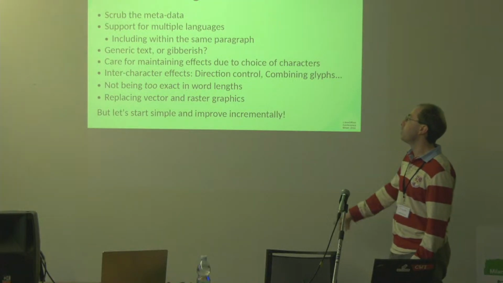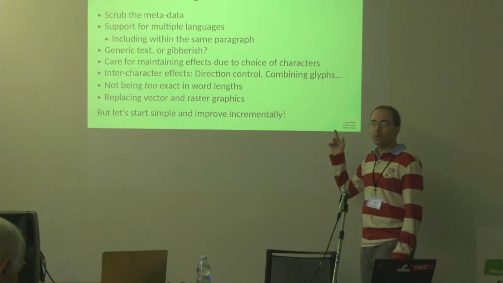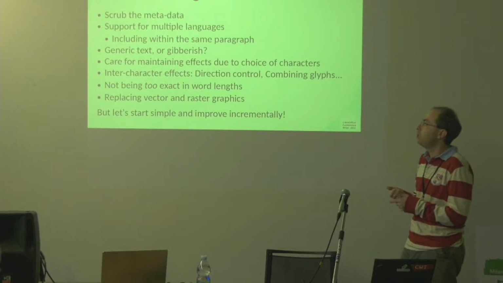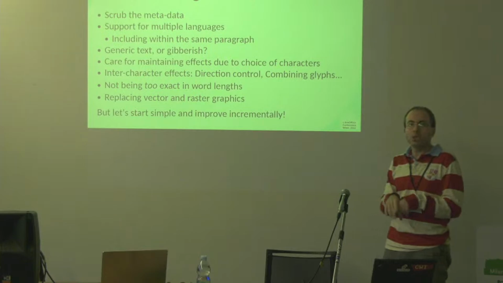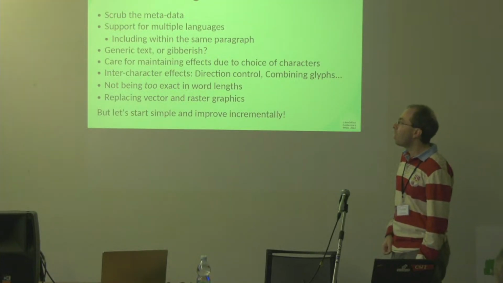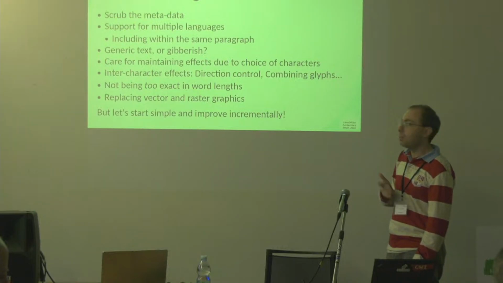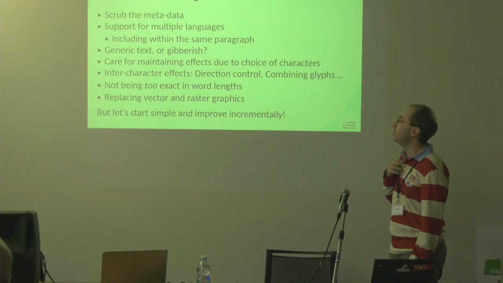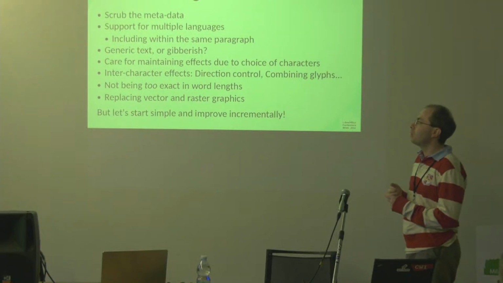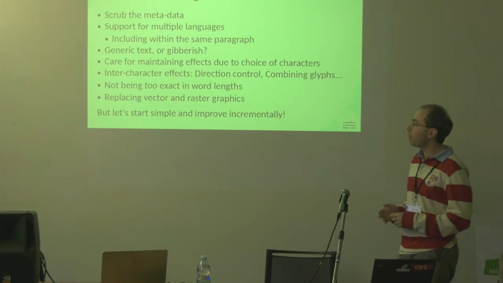And of course, another challenge is replacing graphics. Maybe they have private information you don't want to disclose. So it could just be a rectangle with nothing in it, or maybe blurring. That could also be considered. And the even more significant challenge is if you want to do something with vector graphics.